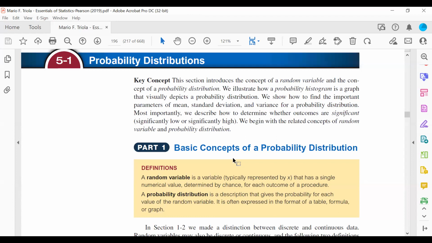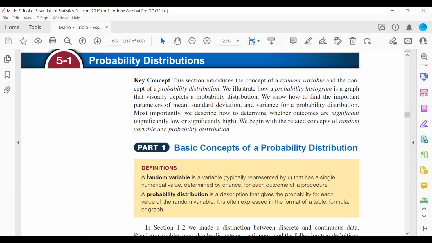Recall in chapter 2 we did frequency distribution tables, and in chapter 4 we did probabilities. Well, we put them together, and so you have that t-table that I just showed you. So there are two parts to the table, just like the x and y in a regular t-table when you graph. You have the x, and then you have the p of x.